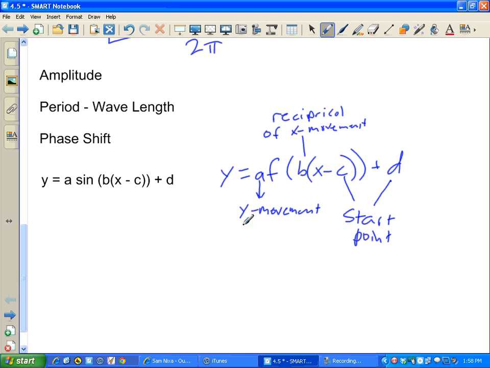Now since A affects the y movement, the up-down motion that we take, we're going to say that instead it affects our amplitude. So this multiplies the amplitude. And B changes the period. So the reciprocal of the period multiplier.